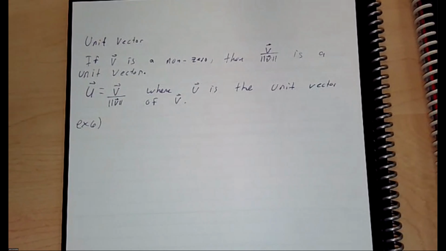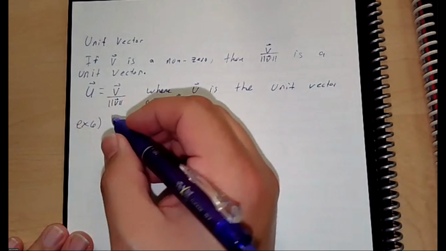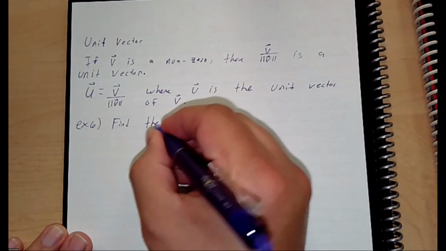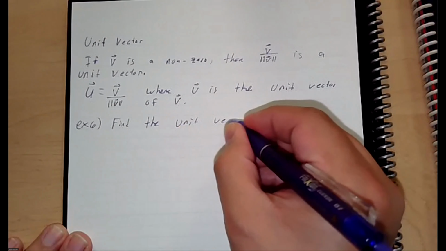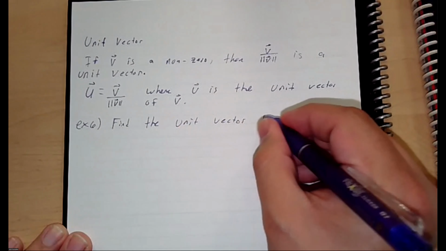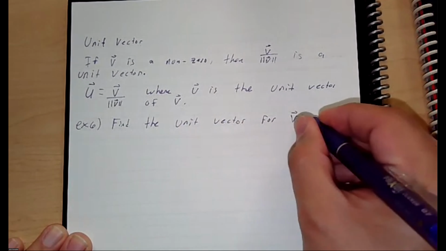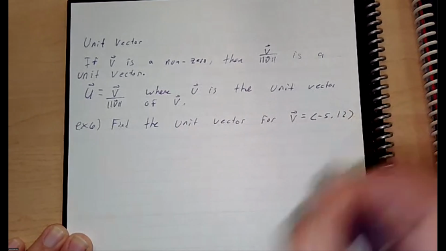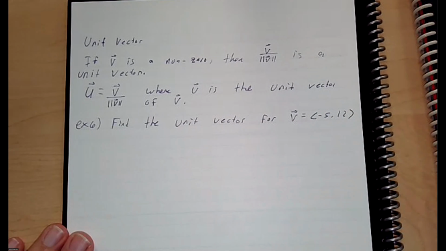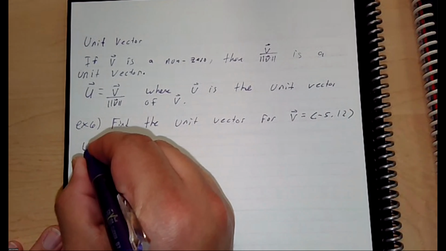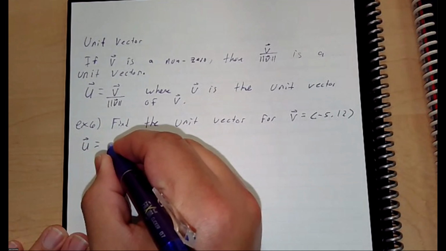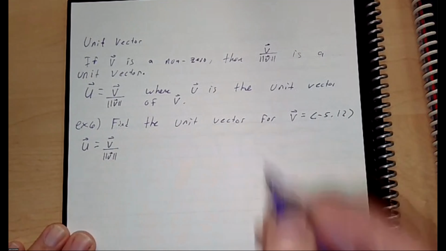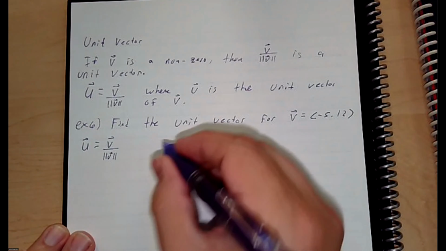So the first example for this idea is to just find the unit vector. Find the unit vector for V equal to negative 5, 12. So the unit vector U is equal to V divided by its magnitude. So find the magnitude first.